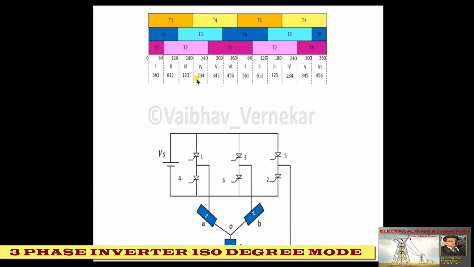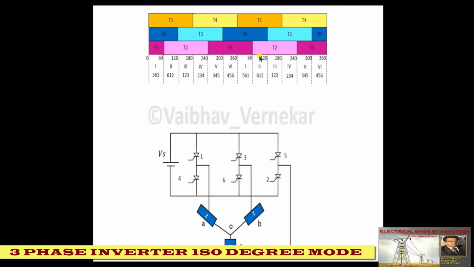Then comes the third thyristor, T3. For this thyristor or IGBT, the conduction is from 120 degrees up to 300. The difference between both conductions is 180 degrees. Now see T6, thyristor number 6, from 300 to 480.